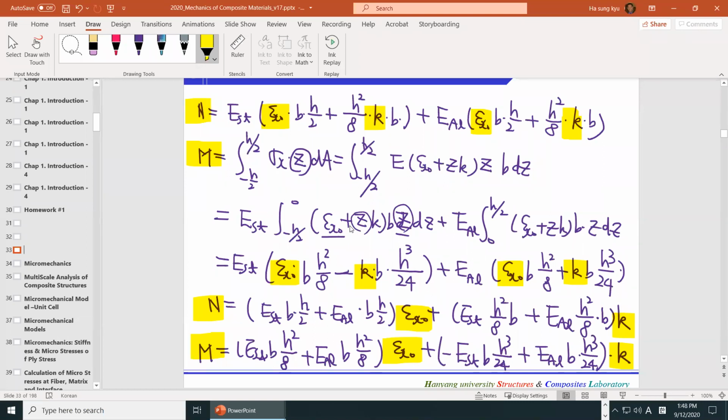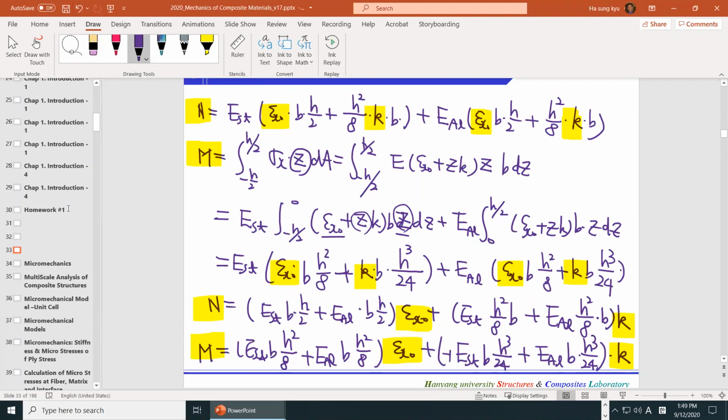Oh, this one should be plus, right? This is a 0 minus, and there's another minus. So, yeah, I knew there's something wrong. Okay, so this is the 0 minus half of H, so this has to be a plus, right? Okay, so this has to be plus.